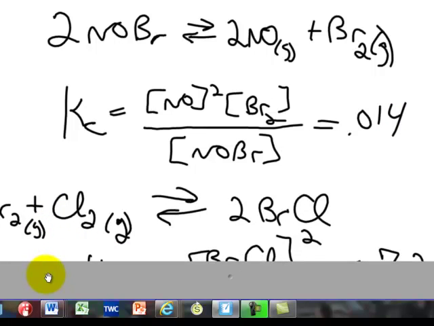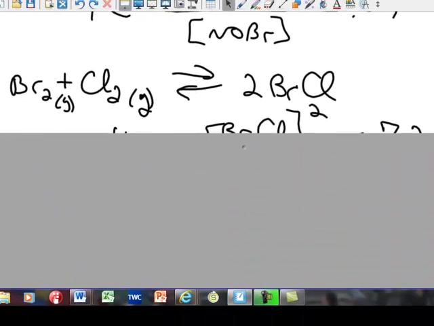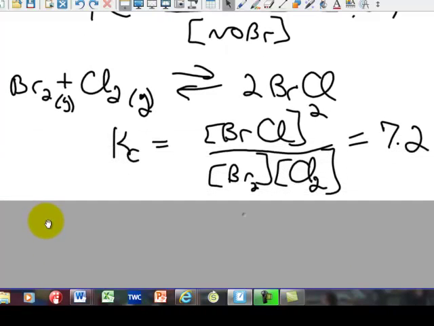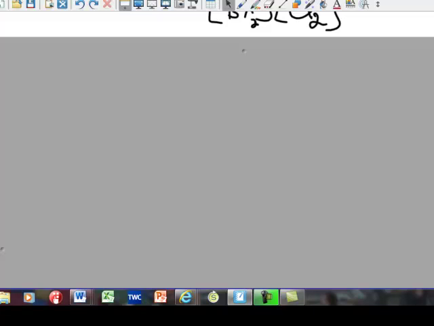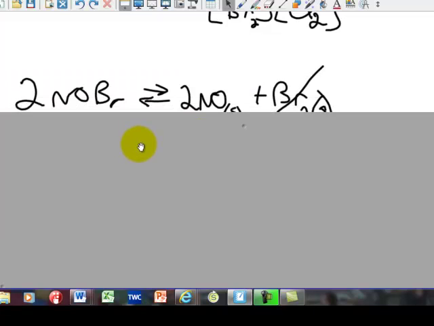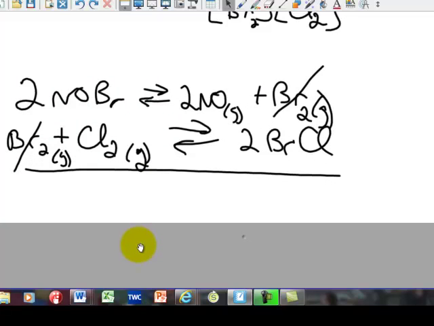And then I have another one, which is Br2 plus Cl2 is in equilibrium with 2BrCl. There's my Kc, concentration of BrCl squared, over concentration of Br2 times concentration of Cl2, and that happens to equal 7.2.